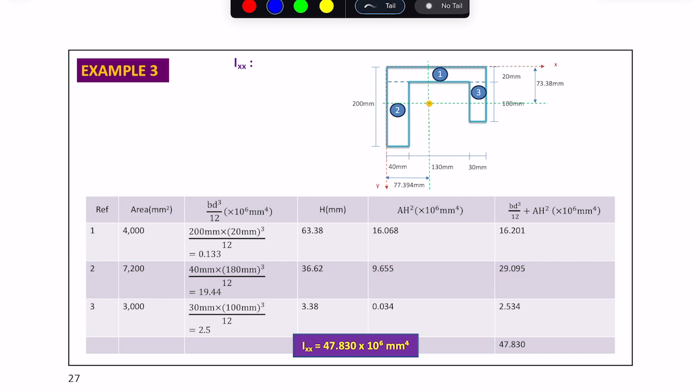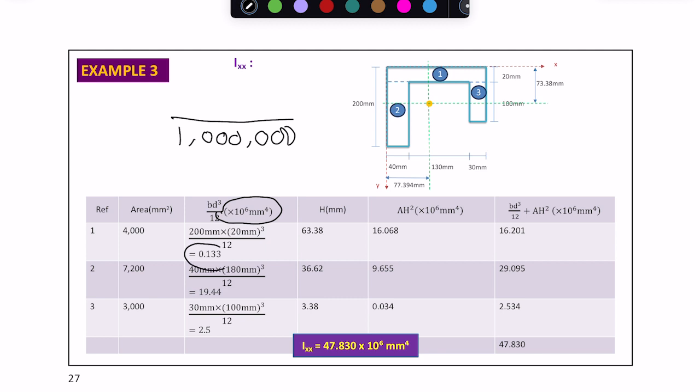That is the formula for rectangle to calculate the inertia. Then you divide it with 1 million to make it in times 10 power of 6. So you will get 0.133.